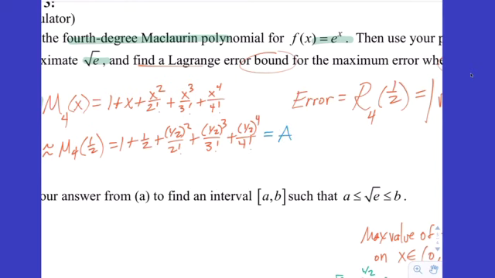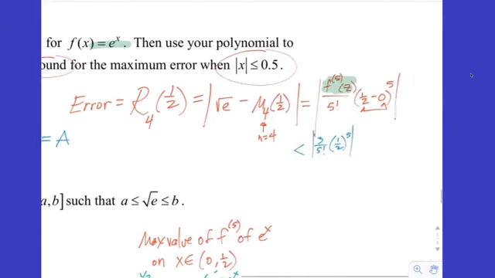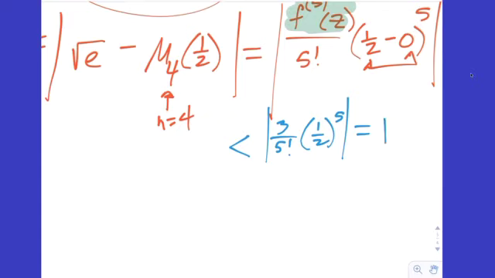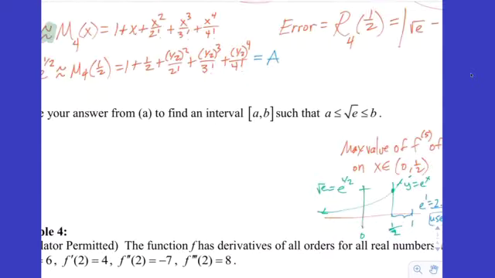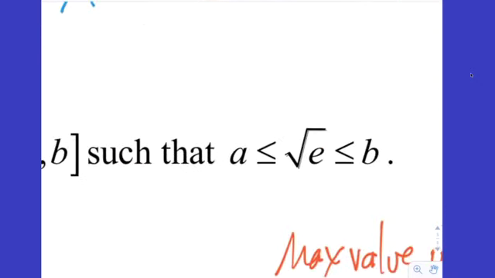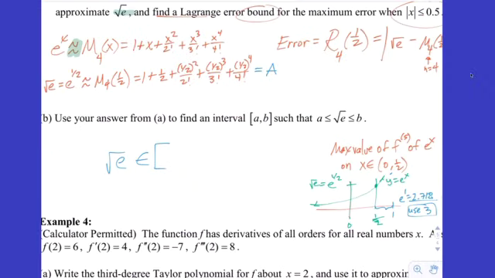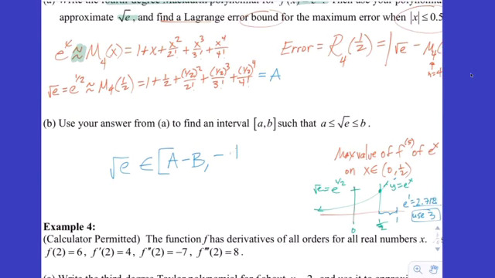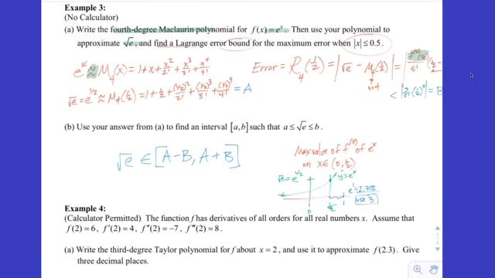I'm going to go ahead and call this A and I'm going to go ahead and call this B. You okay with that? And so now the interval, we know then that the square root of e is going to live within, and I just prefer interval notation, but you can use that notation. It's going to be the approximation minus the error bound, and then the approximation plus the error bound. And again, without a calculator, I am not going to bother typing that in, okay? But you could verify that on your own.